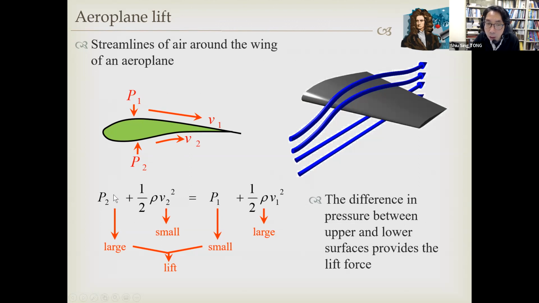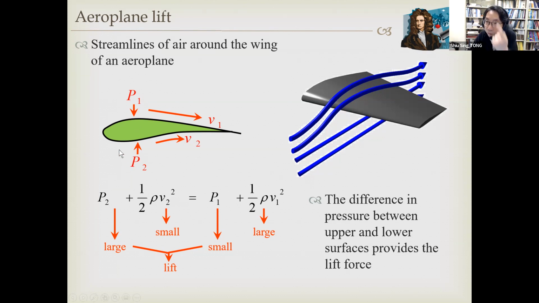So the pressure on the lower surface, P2, is larger than the pressure on the upper surface, P1. The pressure on the lower surface is pointing upwards, while the pressure on the upper surface is pointing downwards. So it is the lower surface which has the higher pressure.